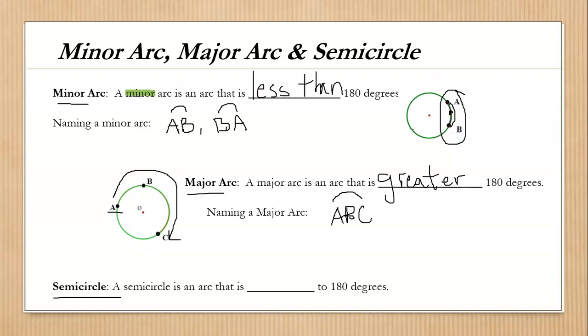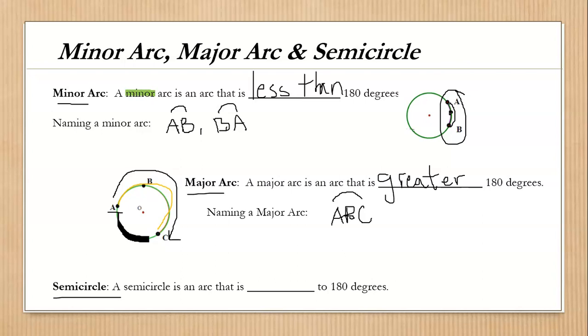Because what if you said, well, I'm going to name this arc AC, A to C. But as a reader, I don't know if you mean that arc or this arc. See, they both go from A to C. The black one is a minor arc, it's smaller. So that's why we use 2 letters for minor arcs and 3 letters for major arcs.